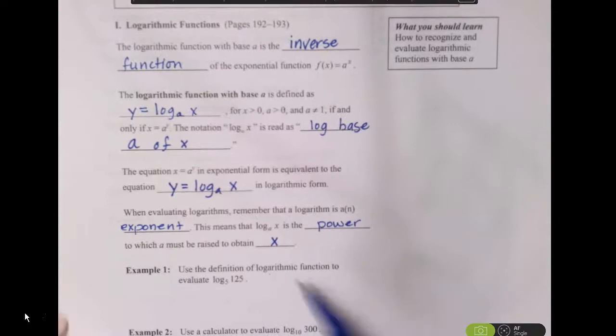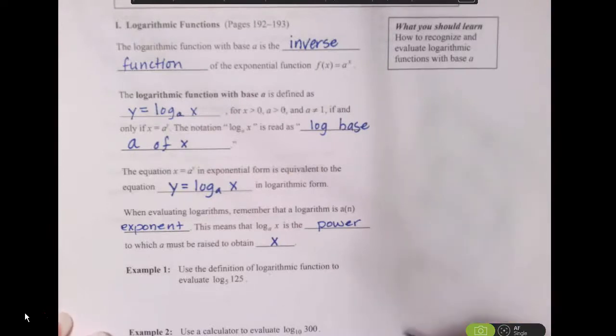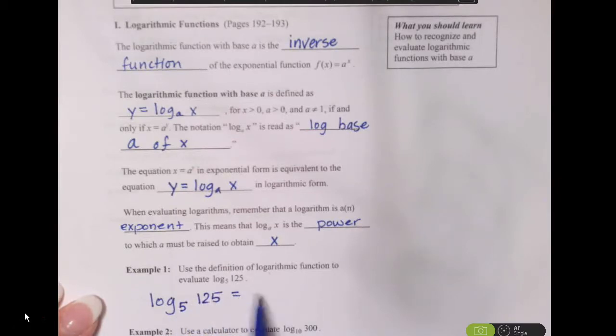So I know that a lot of times when students hear all of that, their reaction is, huh? What? So I like to put numbers into things first of all. So if log base 5 of 125, we're looking for the answer to that, right? We want to know what is the answer.